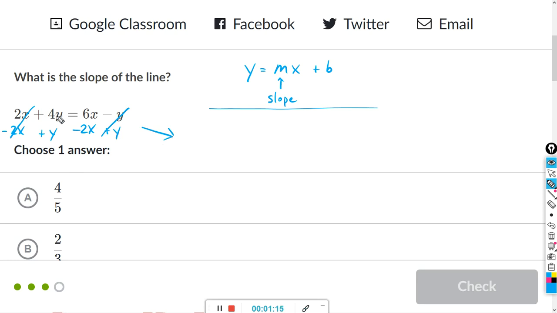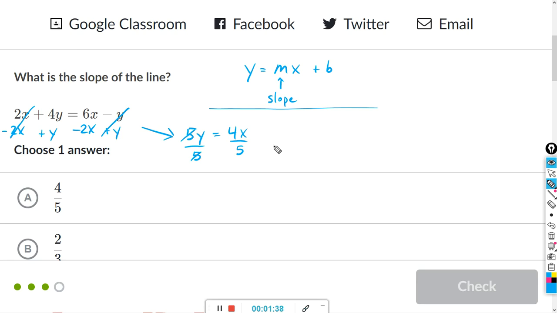So rewriting, 4y plus y is 5y, and that's going to equal 6x minus 2x, which is just 4x. Okay, solving for y, we divide both sides by 5, and the 5's cancel.